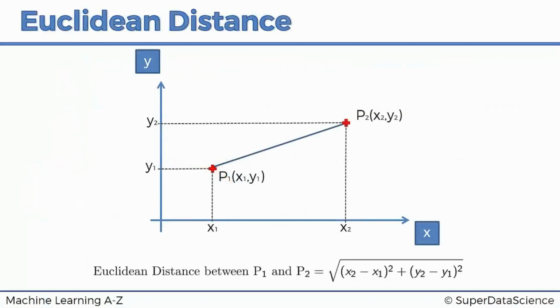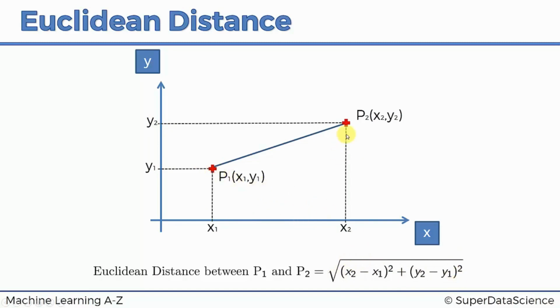First of all, just to get this out of the way once and for all, Euclidean distance in a two-dimensional space is calculated like this. If you have 2 points, P1 with coordinates x1 and y1, and P2 with coordinates x2 and y2, then the Euclidean distance, or the length of this line, is calculated as: x2 minus x1, the distance between the x's, squared, plus the distance between the y's squared, then you add them up and take the square root.